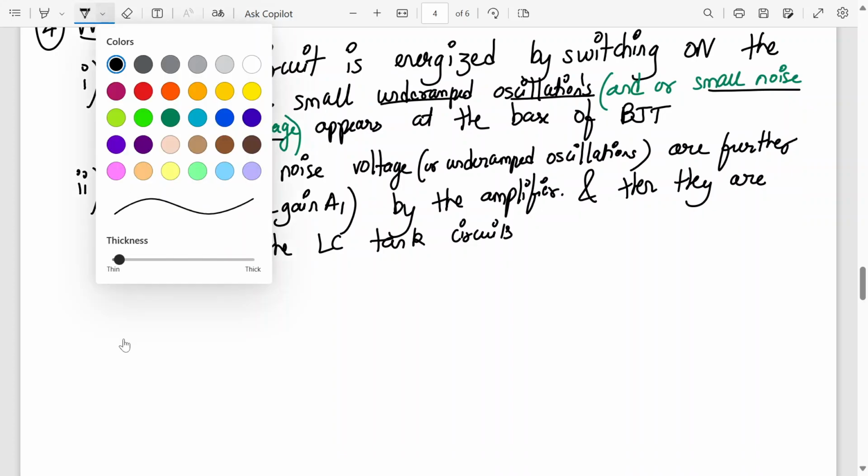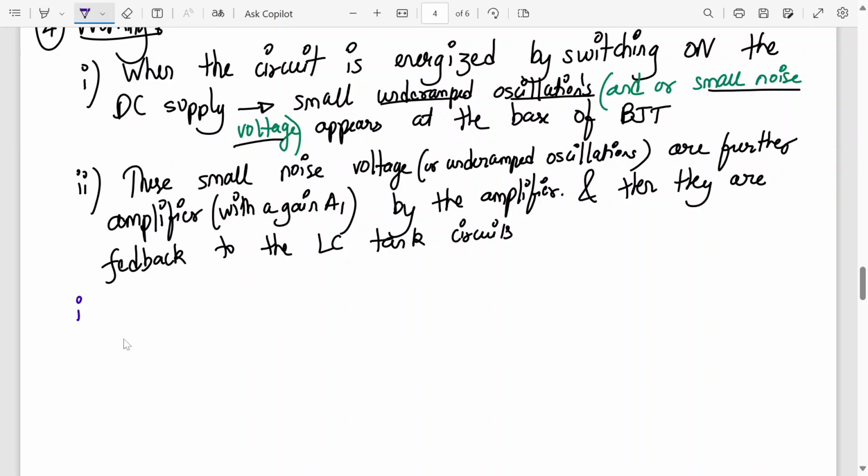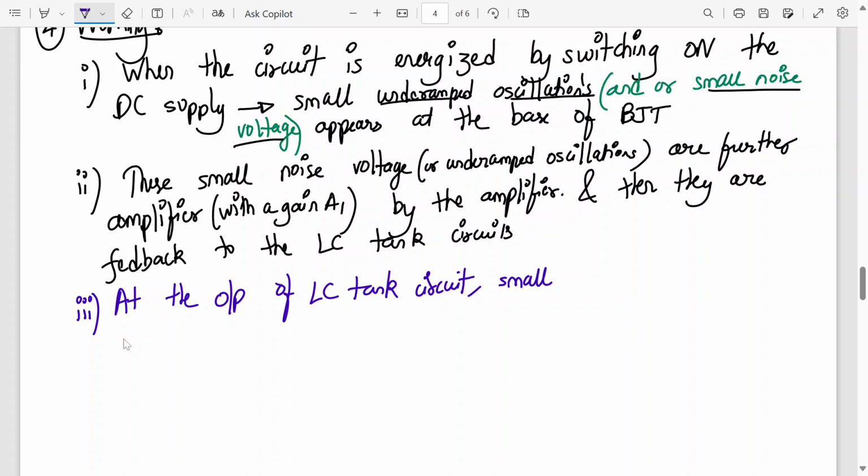Okay, so at the output of the LC tank circuit, small underdamped oscillations, we can say small oscillations which are amplified by the amplifier, right?